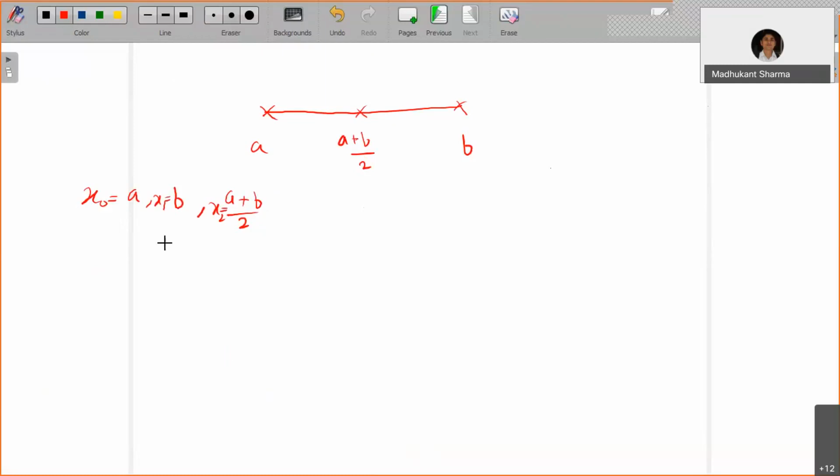Now by looking at this, I can certainly write the quadratic polynomial approximation for the given function f.